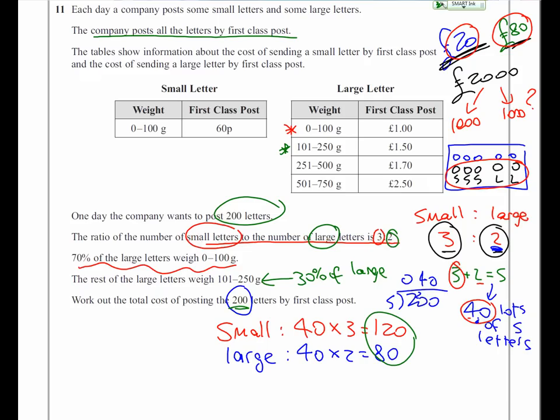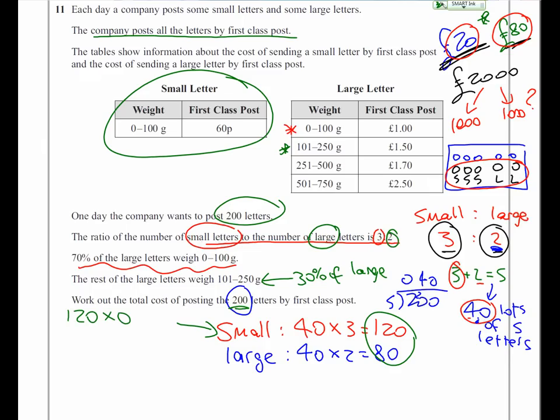Okay, same thing could have been done in your business plan before to figure out how much you each need. I'll leave you to think about that one. Anyway, let's get back to the rest of the info. Should we work out the cost of the small first? Because that's going to be the easier one. It's 60p a pop, so it's going to be 120 times 60.